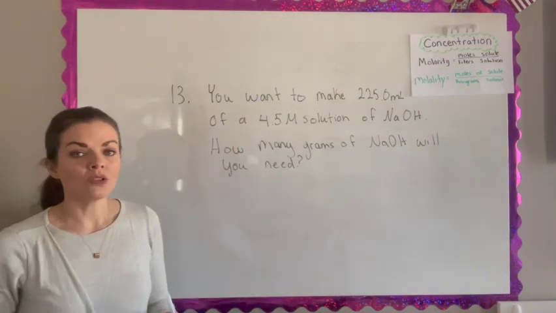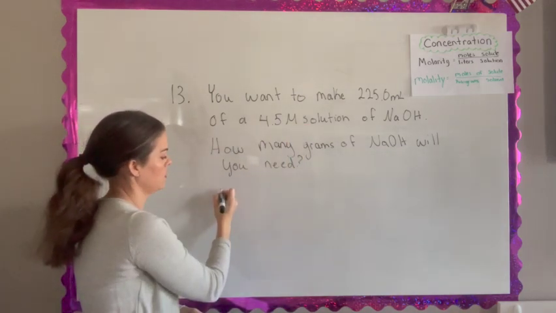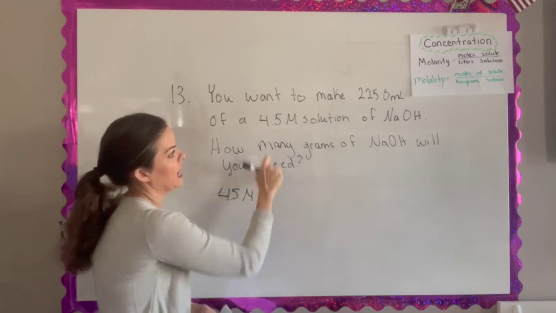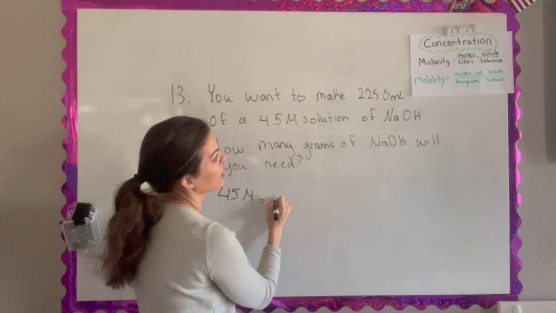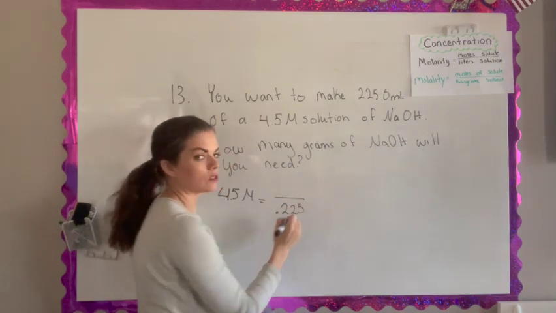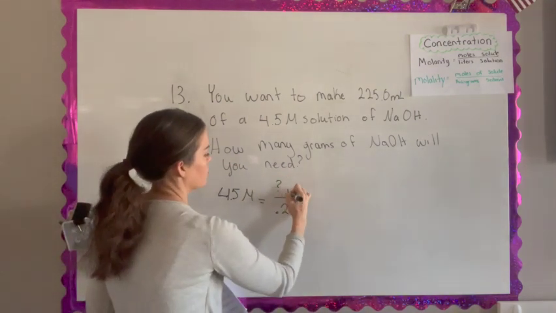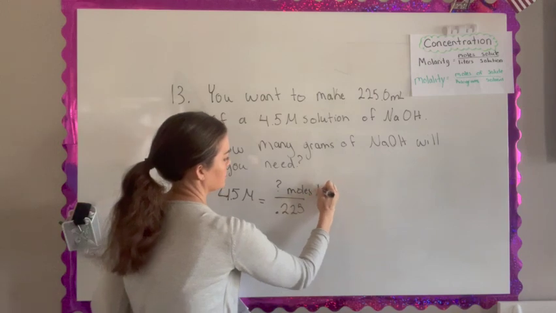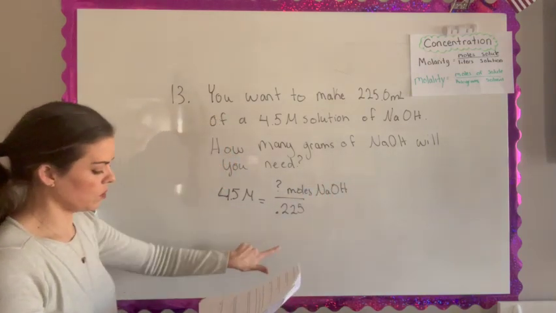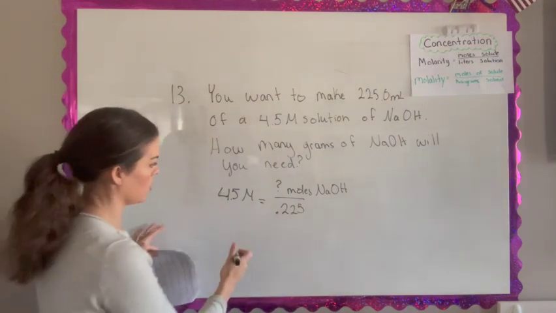So I'm going to be using molarity, and I know my liters, I'm going to convert it to liters. They always have to give you that extra step, right? And I'm going to solve for moles of NaOH. So I'm just going to multiply these 2 numbers together, and I get 1 mole.